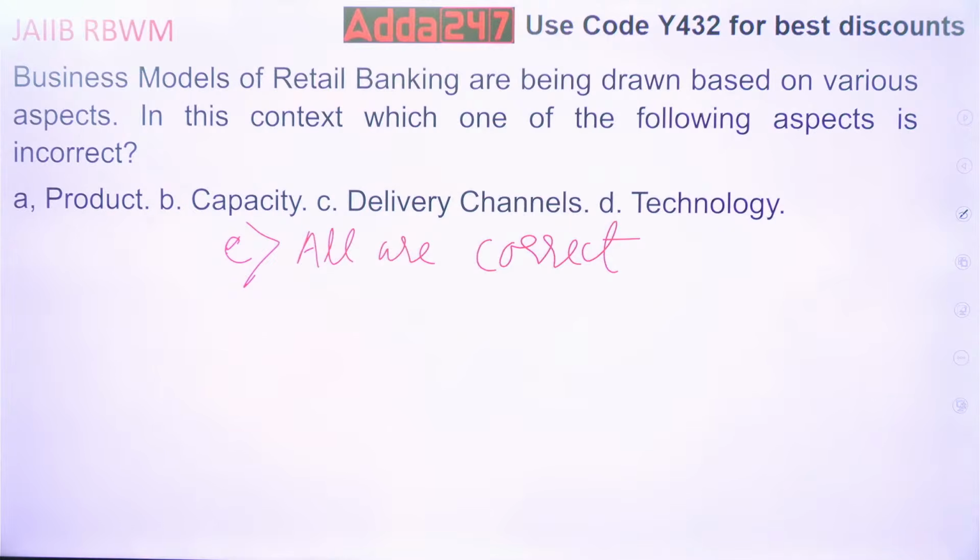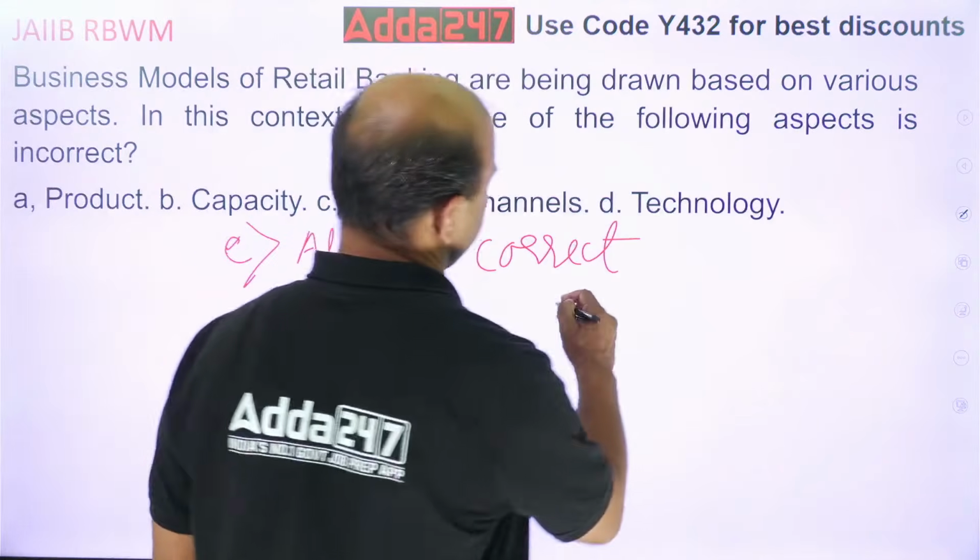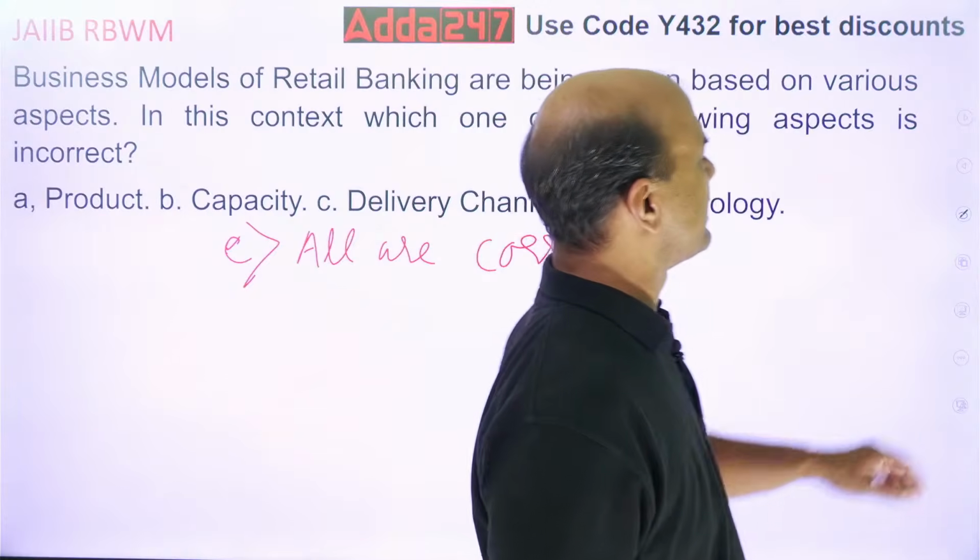Business models are based on these attributes. It depends on everything nowadays. So the answer is E. All are correct over here. None of them is incorrect.